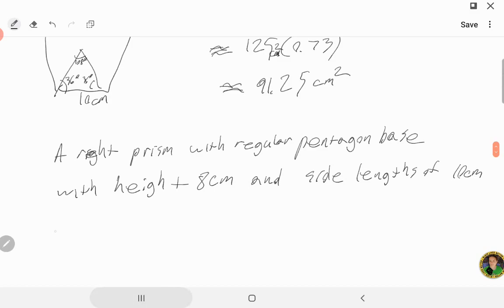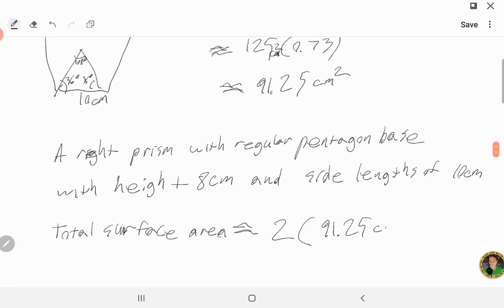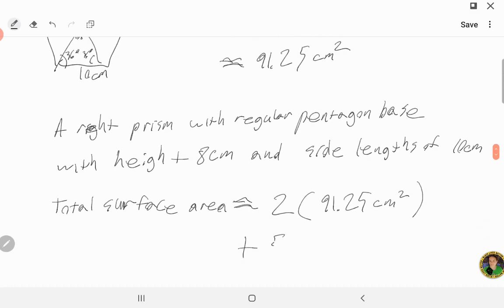We know that the total surface area is equal to 2 times the 91.25. So we should say approximately. We get 2 times the 91.25 square centimeters plus 5 times, we said it was 8 centimeters tall, times the side length is 10 centimeters.